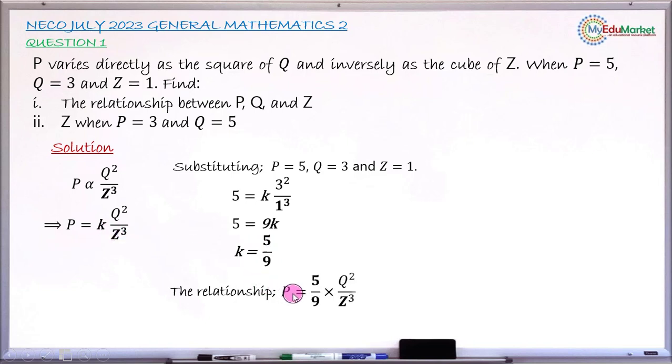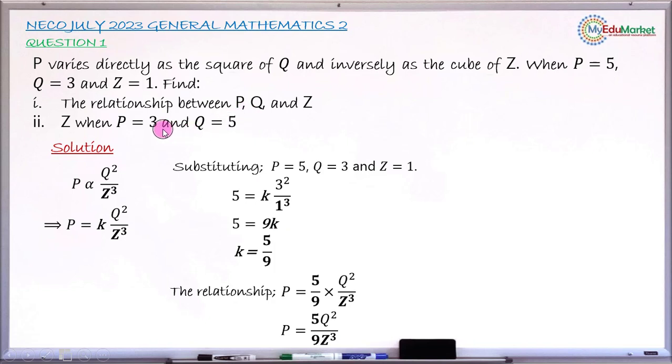You now have P equals 5 over 9 multiplied by Q squared over Z cubed. With this multiplication done correctly, 5 times Q squared gives you 5Q squared, 9 times Z cubed gives you 9Z cubed. So the actual relationship will be P equals 5Q squared divided by 9Z cubed. This is the answer to the Roman 1 question.